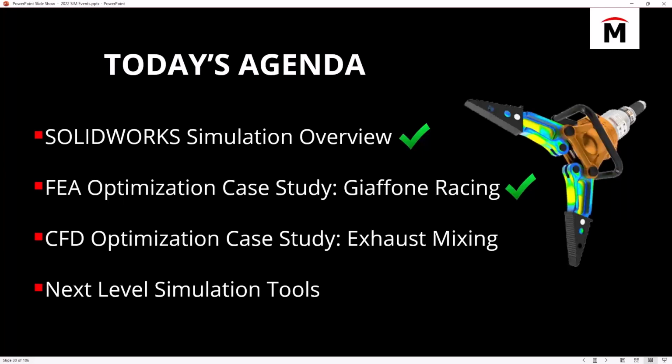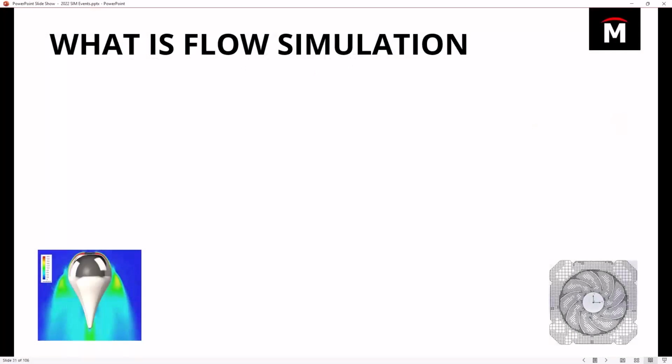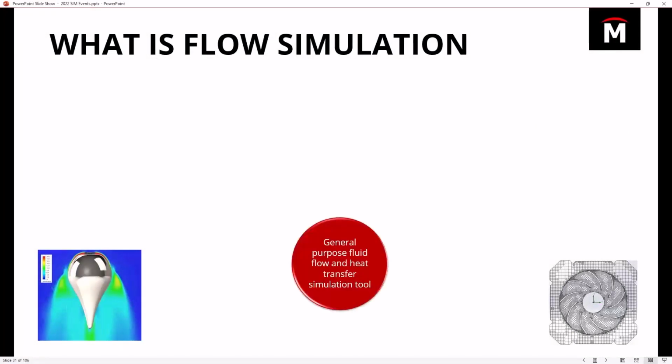The same is true of CFD, of computational fluid dynamics. The software that impresses me the most, I think, out of SOLIDWORKS, because it does quite a lot of things. And its place is really best as the same as I said for FEA. Use this as your design tool. This is a general purpose flow and heat transfer tool.